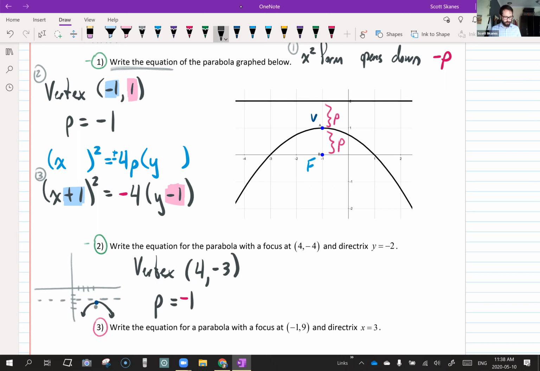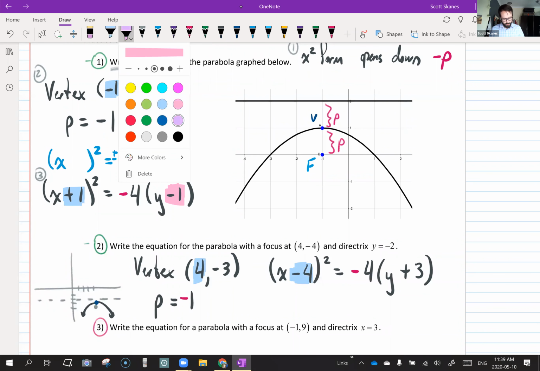We know it's x squared form, so I'll just write it out and you can think about it more later. This is (x - 4) squared equals -4(y + 3). Where did all this come from? The vertex gave us the x value there.